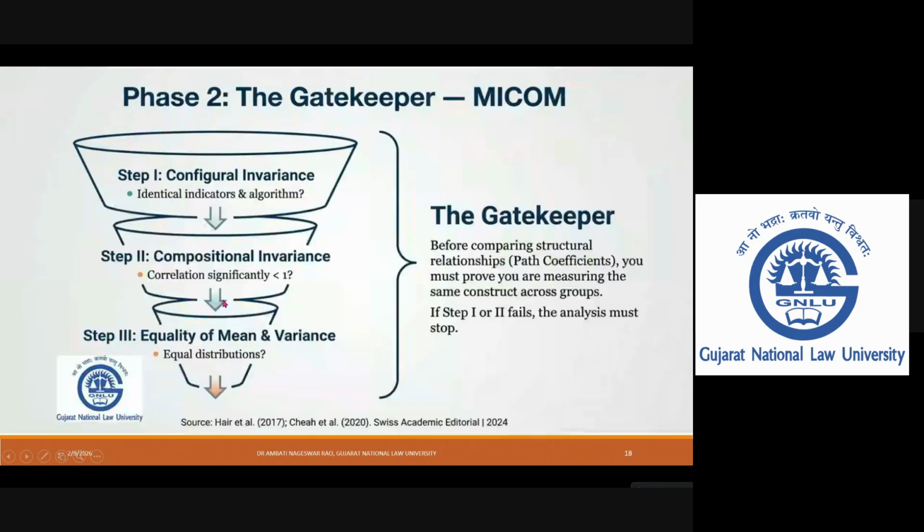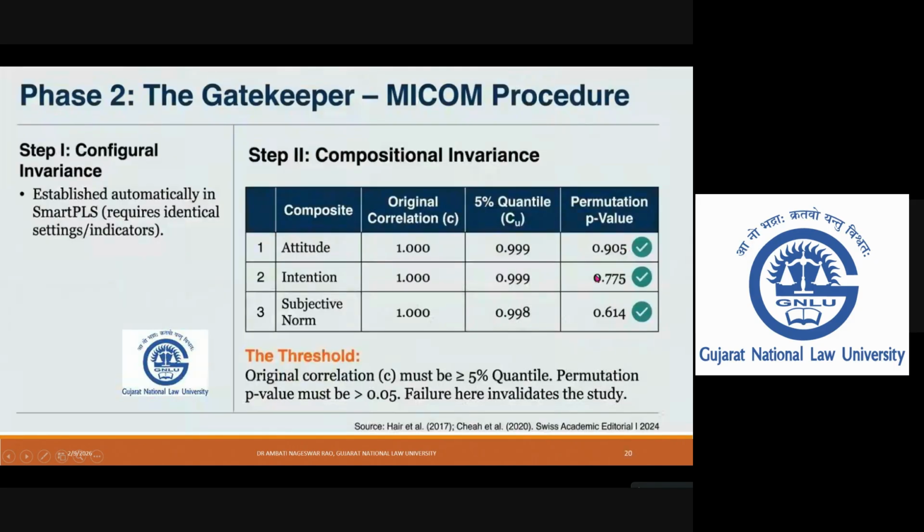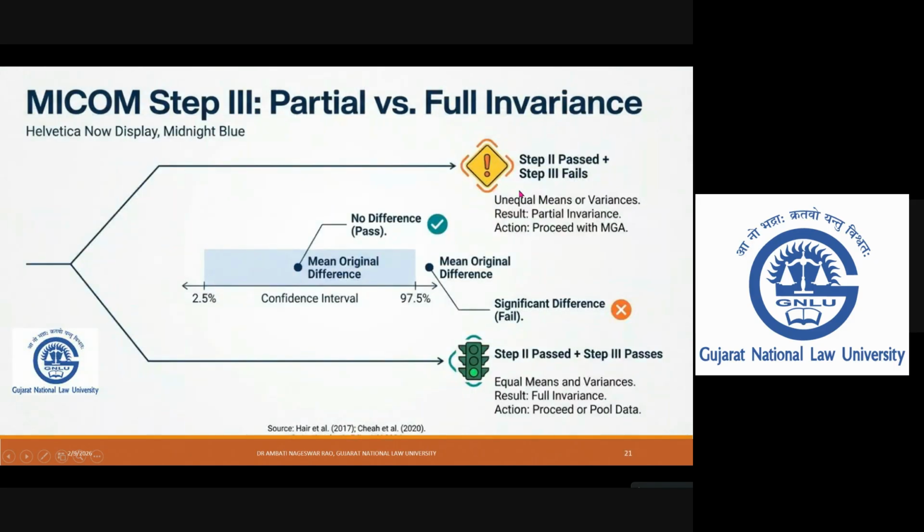Here, as a part of step number 3, we need to see whether you got equal distributions in terms of means and variances. If you fail, you go for partial invariance. We can still go ahead with conducting multi-group analysis. The only thing is, step number 1 and step number 2 should be passed. If you are failing in step number 3, there is no problem. Still, you can conduct multi-group analysis.